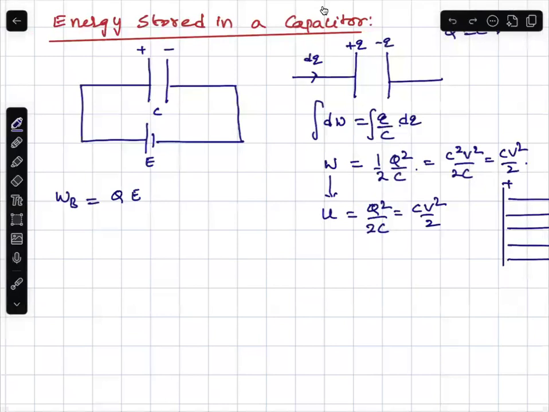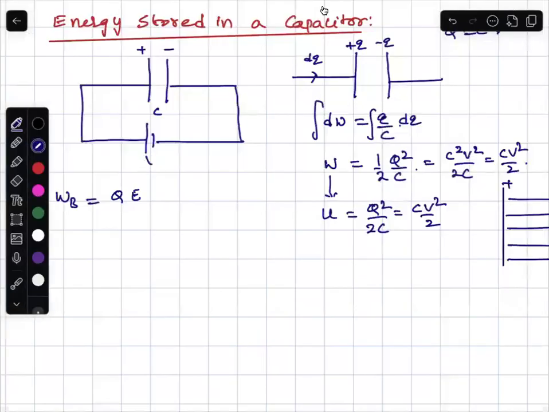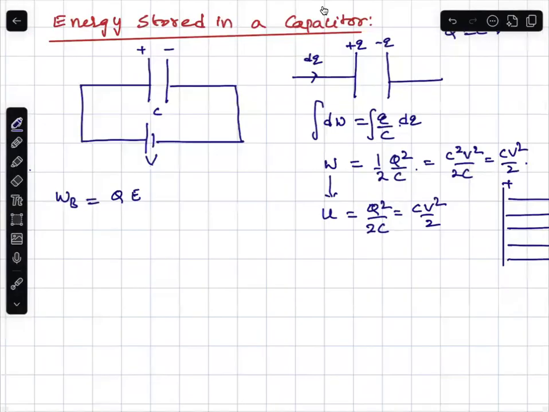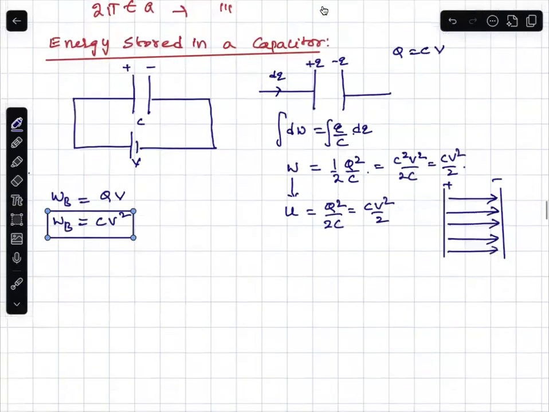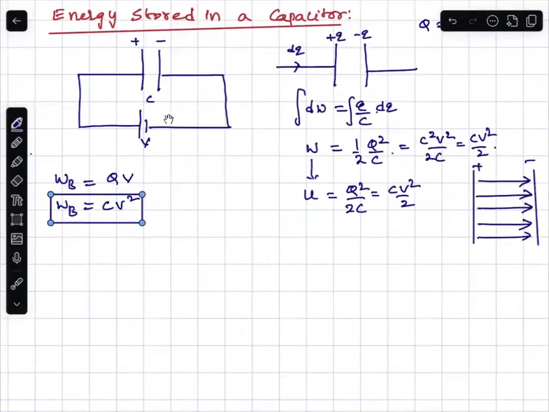Instead of rewriting this many times, better we erase this E and replace it with V. Otherwise, I need to change it in a number of places. QV, that is the work done by the battery. Q is CV, so CV square. Please try to understand, your battery has done a work of CV square, notice here.